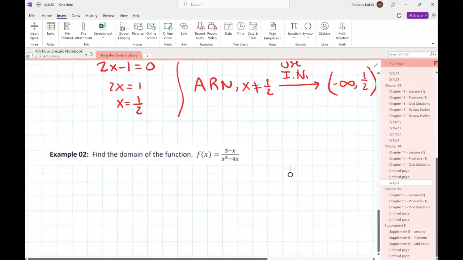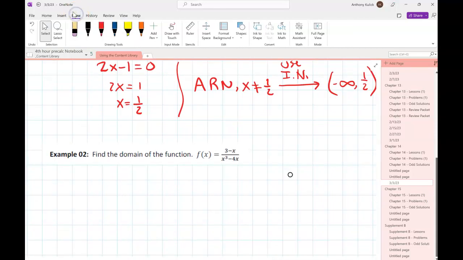Let's say we want to find the domain for (3 minus x) over (x cubed minus 4x). First, let's ask ourselves, is this a rational function?